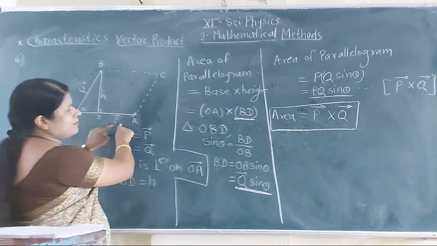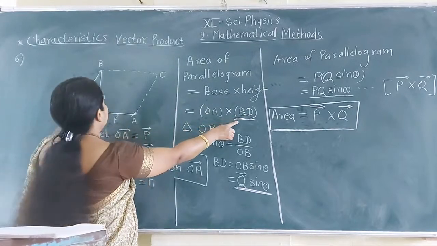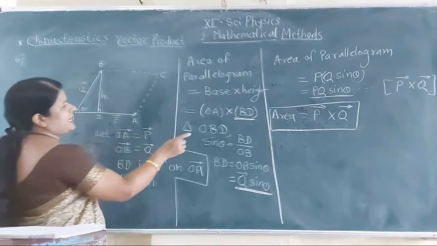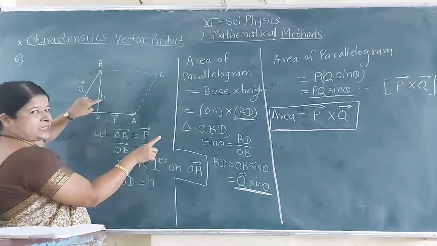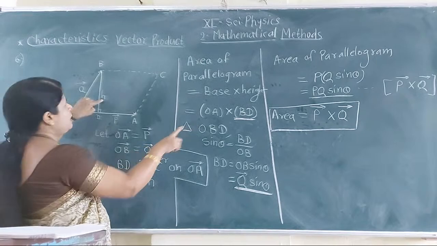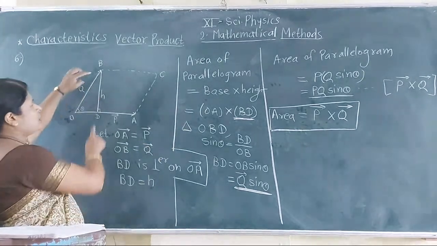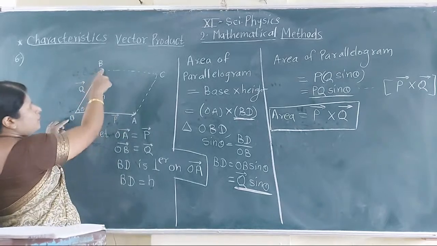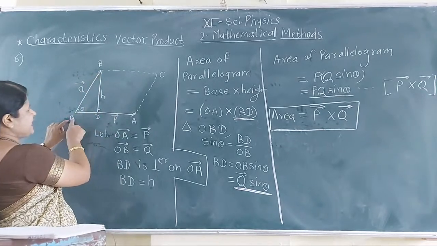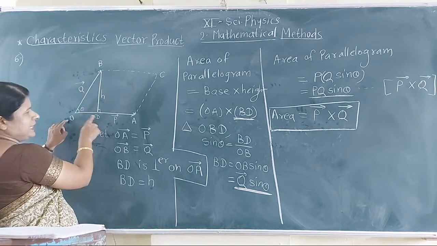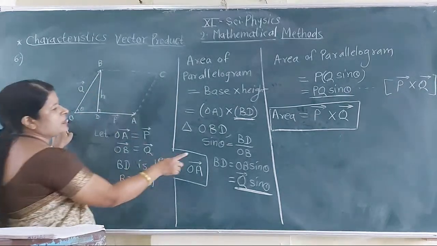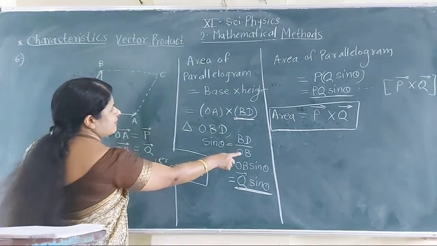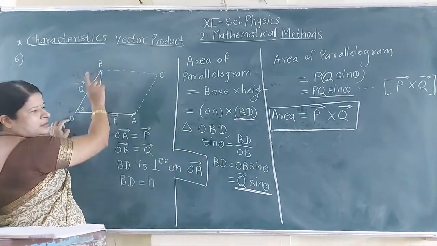From right angle triangle OBD, sin theta is equal to BD divided by OB.